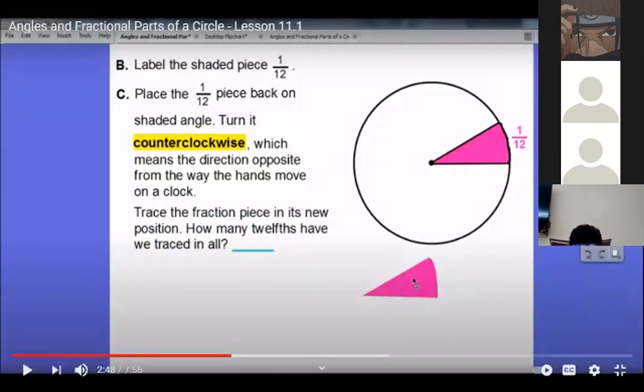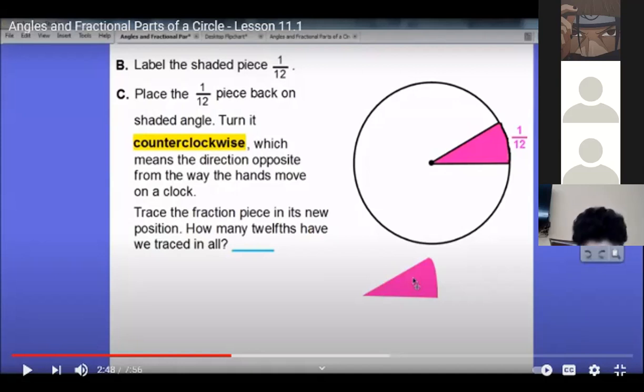Yeah, the pink part. There are 12 pieces because it's like a clock. Yeah. And if we do more pieces, it will turn into 12. So the denominator is 12, and there's only one shaded part, so it's 1/12. Exactly. So you mean he just picked one part out of 12 parts, right?